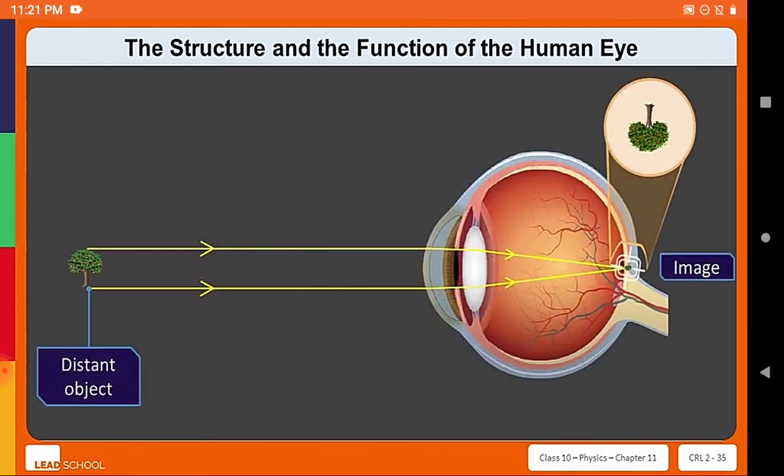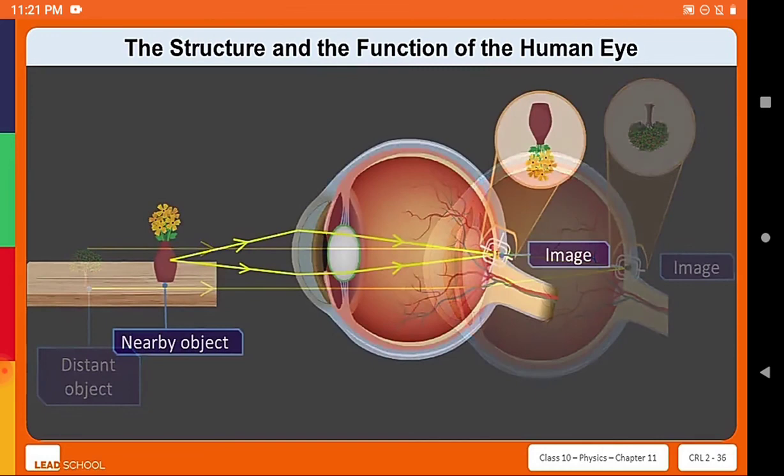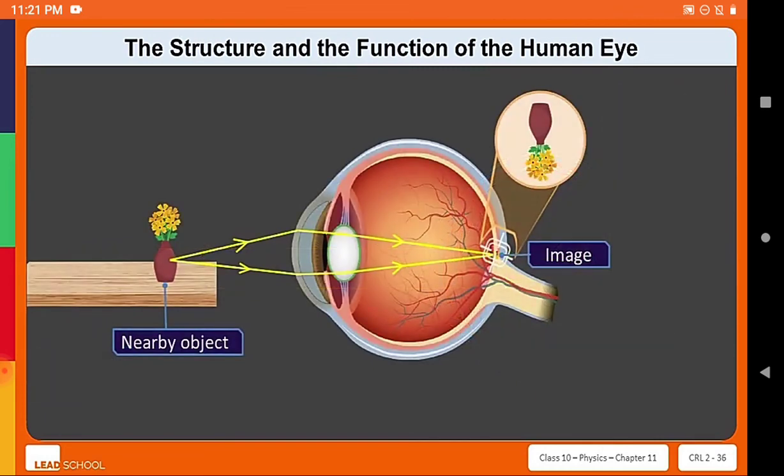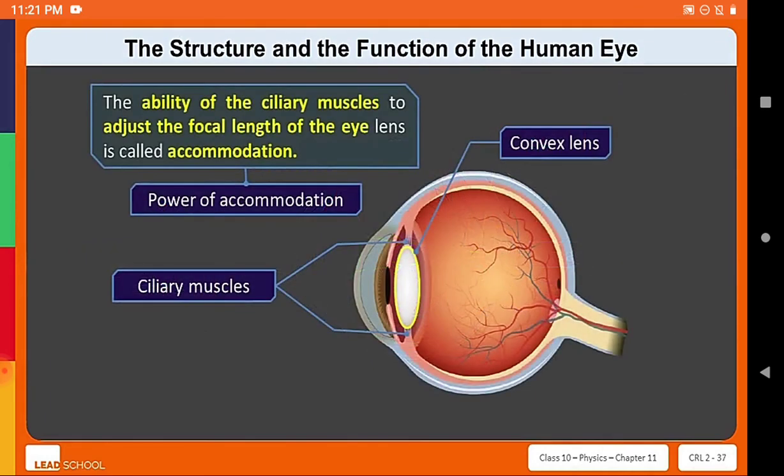This is the reason we are able to see distant and nearby objects with the same clarity. This ability of the ciliary muscles to adjust the focal length of the eye lens is called accommodation. Thus, the human eye is said to have the power of accommodation.